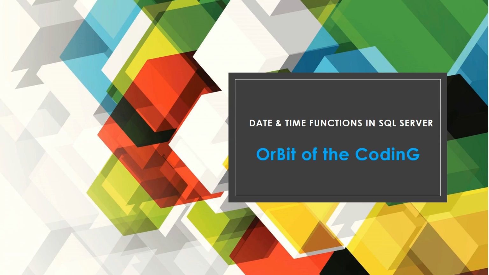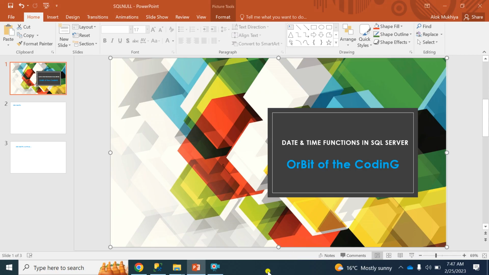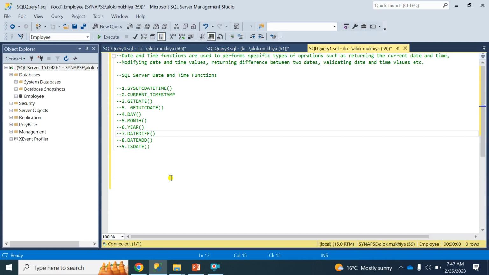So let me flip into SQL Server Management Studio, and I'm going to explain more about date and time functions. Here you can see I have already created some content, so you save some time and get a clearer picture of those functions.